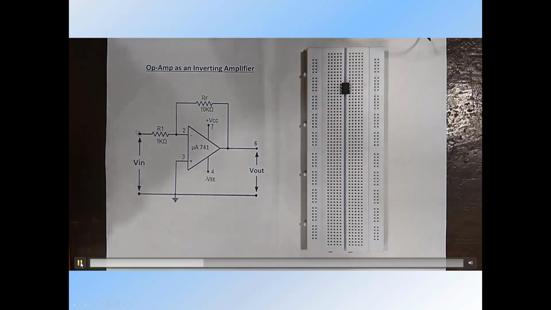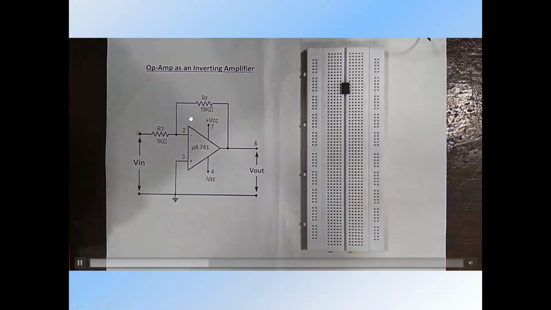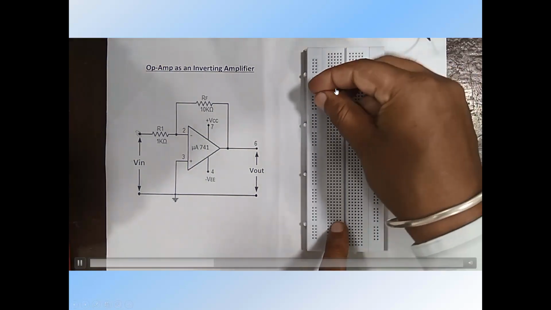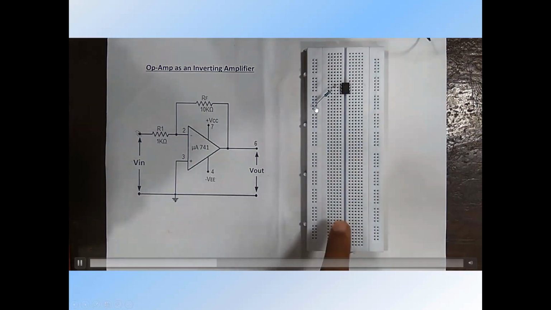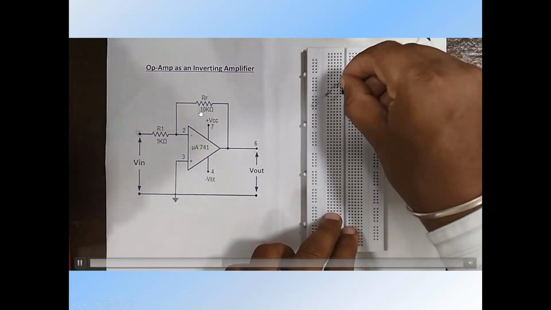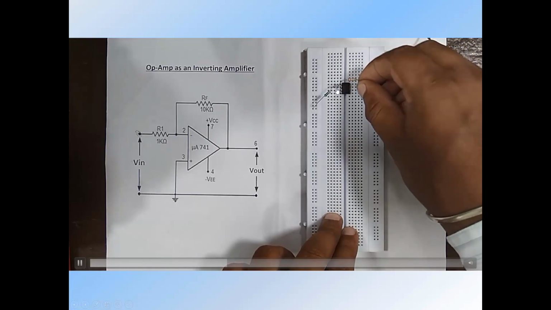And next step, connections of R1 and RF. Connect R1 to pin number 2, and the other end will be connected to the input signal, and after that the connection of RF between pin number 2 and 6.